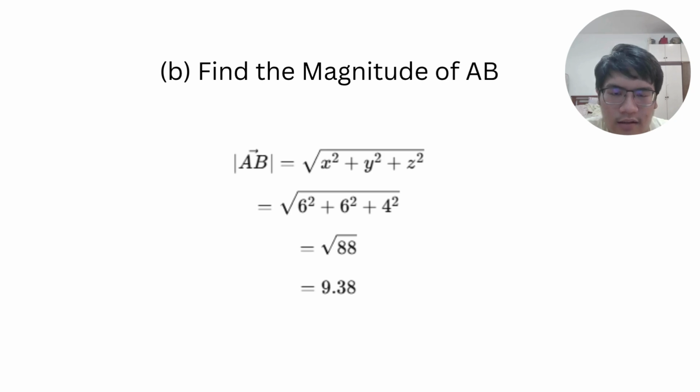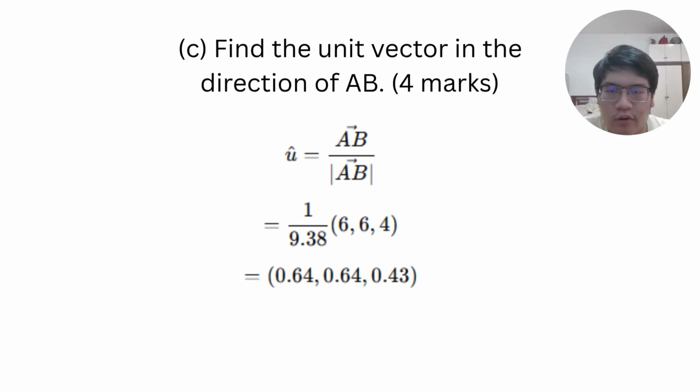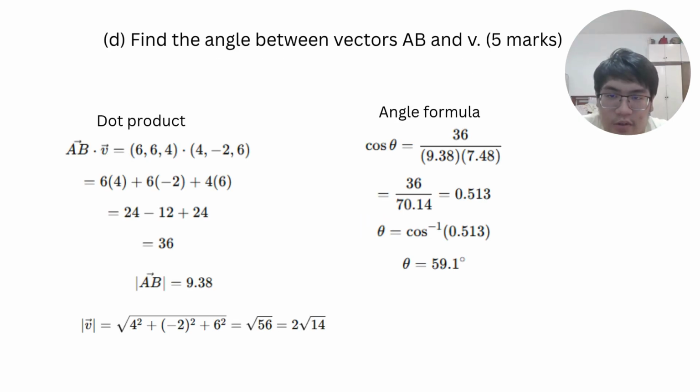The answer is 9.38. Question C. We need to find the unit vector in the direction of AB. Unit vector equals AB over magnitude, equals 1 over 9.38 times (6, 6, 4), equals (0.64, 0.64, 0.43). Here is the last question.